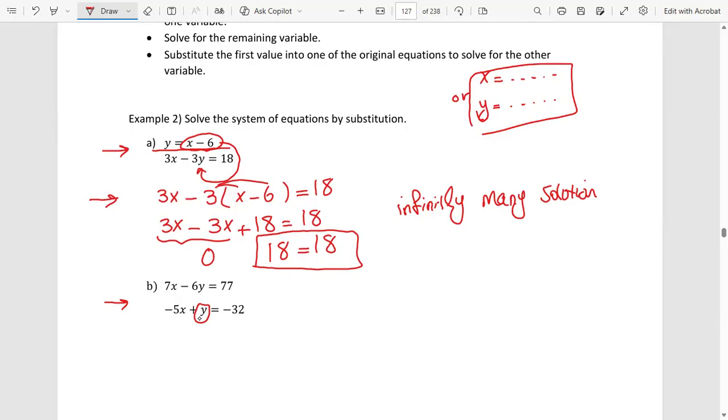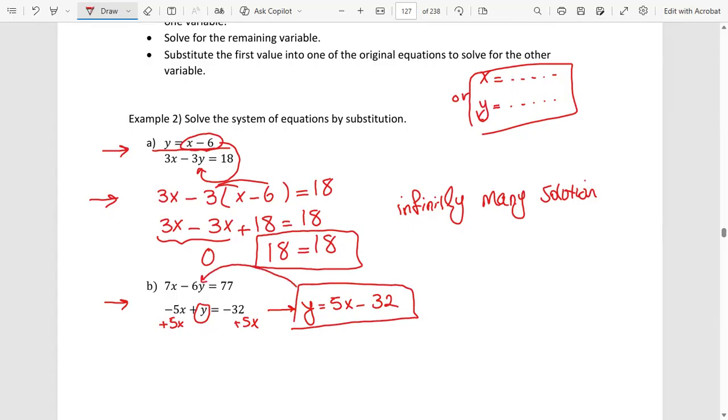To isolate the y, you need to move 5x to the other side. So you get y equals 5x minus 32. Now you have y by itself on one side. Now you have to replace this for y into the first equation.